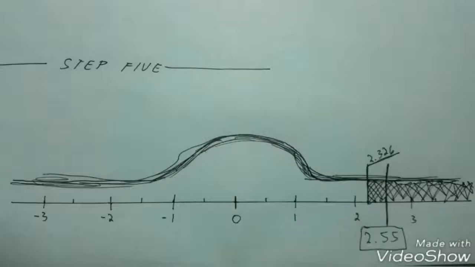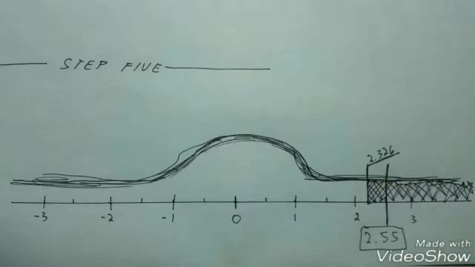Step 5. Here in step 5, we shall know whether we will accept or reject HA. Given in the question, the coin toss is greater than 50%. So we will put step 3, which is 2.326, there, and shade the increasing area of the graph because the question says the coin toss is greater than 50%.